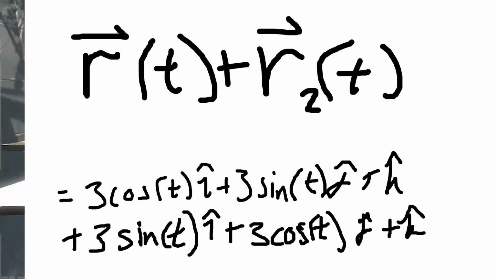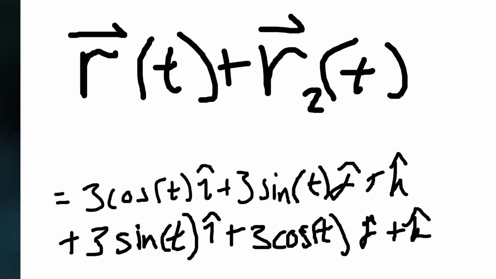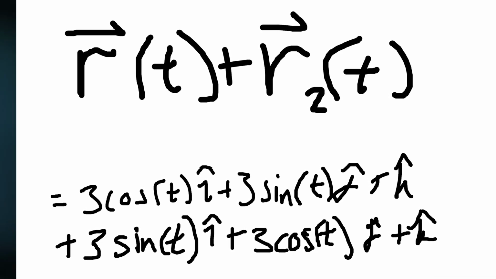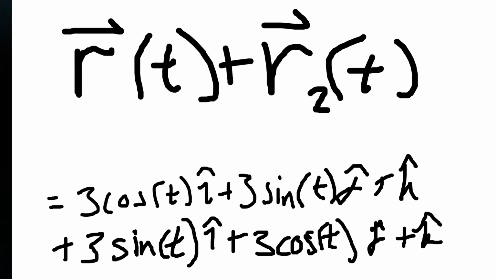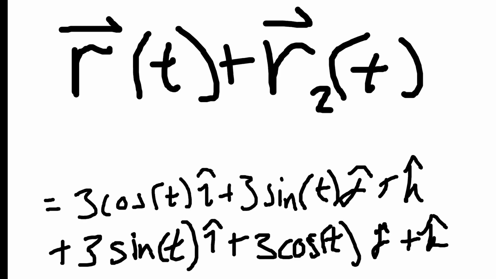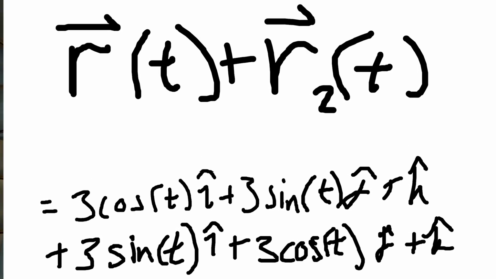So r of t is equal to 3 cosine t i hat plus 3 sine t j hat plus k hat, and then add that to r2 of t, which I'm saying is probably 3 sine of t i hat plus 3 cosine of t j hat plus positive k hat as well, because they're both oriented in the same direction as per usual.